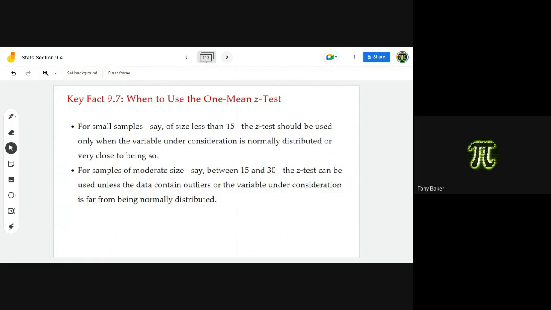When can you do this? If we have a small sample size, let's say less than 15, so 5, 10, the only way you should use this is if you know it's normally distributed. So you want to make sure that the data is normally distributed if you really are looking at a very small sample size.